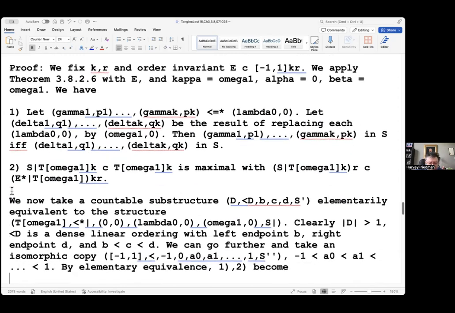Now we take a countable substructure, D less than D, B, C, D, S prime, elementarily equivalent to the structure, the master structure we've been using here, T of omega 1 less than star.